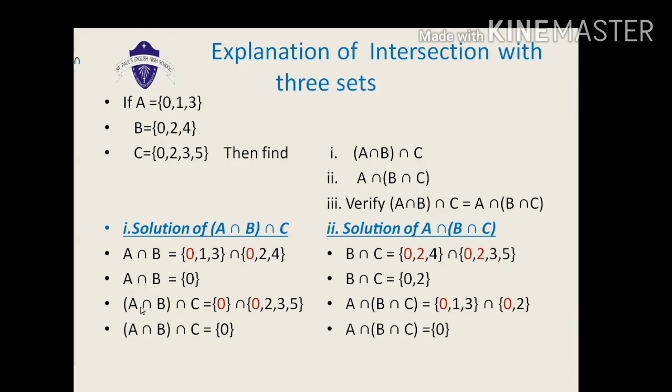Now in the third step, we will find the intersection of the resulting set with C, that is members of the set A ∩ B intersection members of the set C. So the final answer of (A ∩ B) ∩ C is equal to {0}.